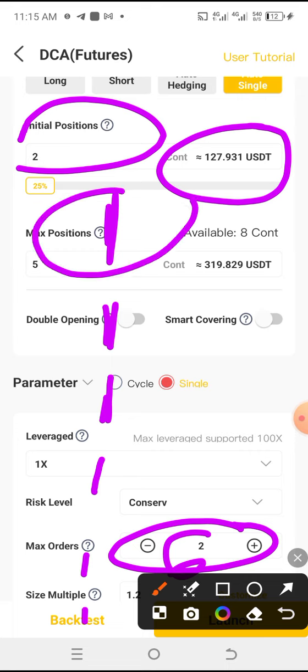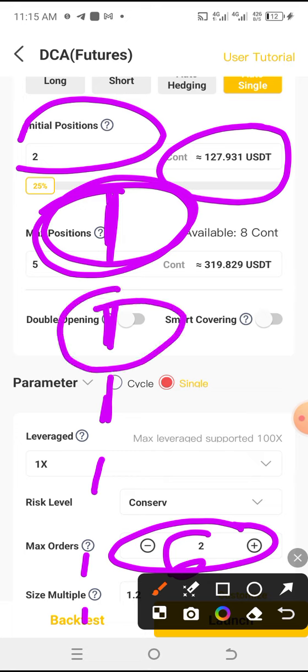Now, for the one you're buying for the first time, these settings will determine what you want to buy here. You can say, okay, buy one. That simply means you buy exactly what is here. When you are buying 1.2, it means you're buying 1.2 times what you bought the first time. When you buy 1.5, it means 1.5 times what you purchased the first time.